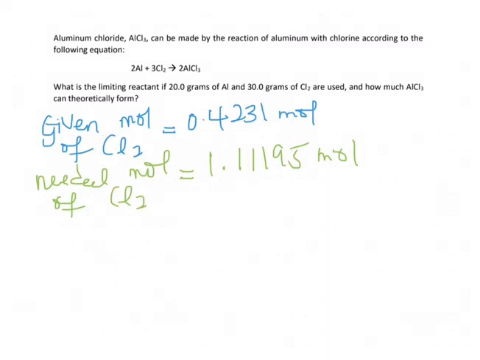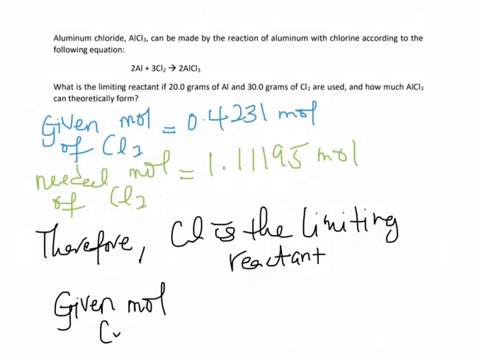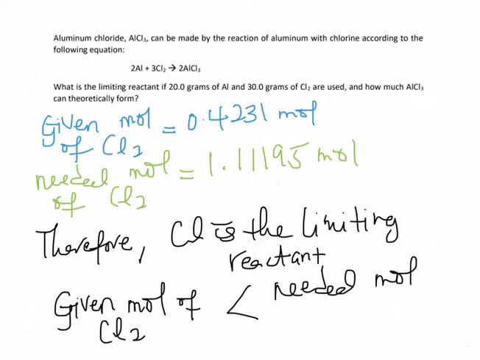Therefore, what you can conclude is that chlorine is the limiting reactant. Why? Because the given mole of chlorine is lesser than the needed mole of chlorine.